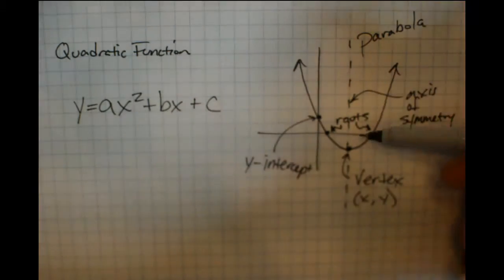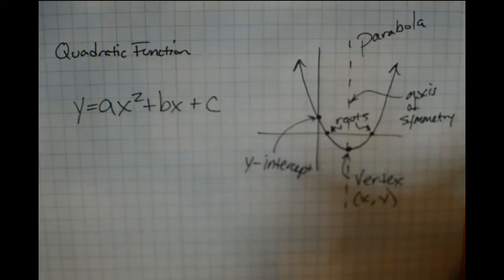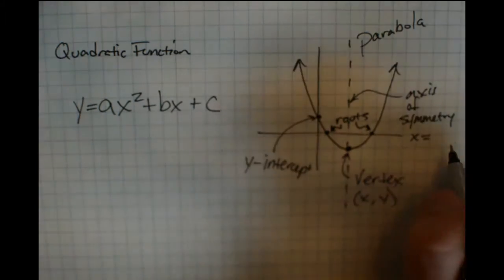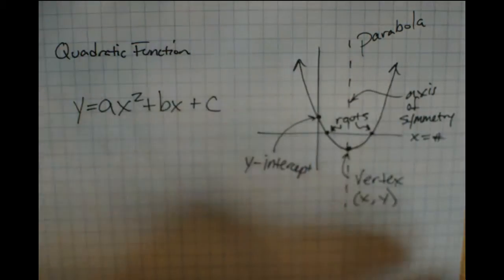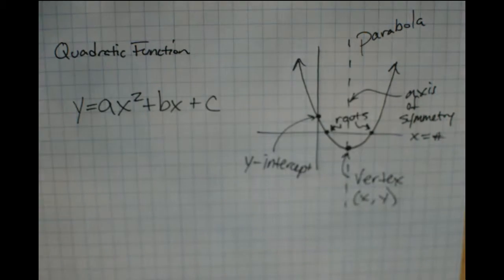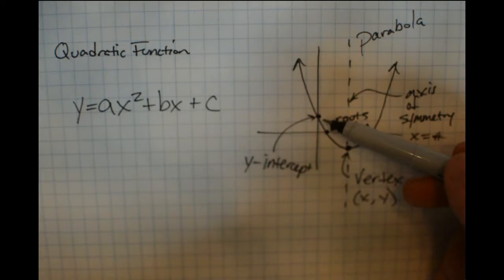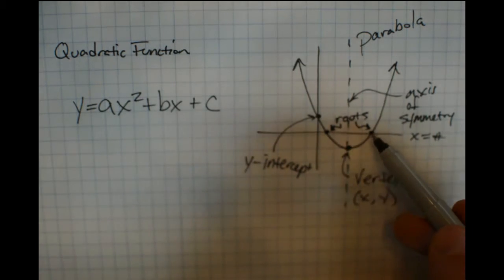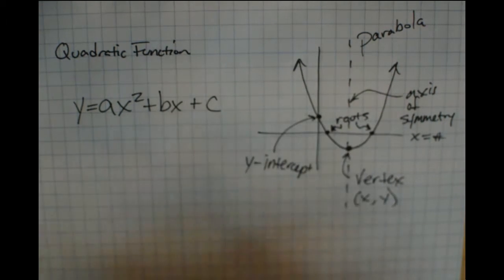The axis of symmetry is an imaginary line that cuts the parabola in half. The form of that is the equation of a vertical line, so x equals some number. Wherever the parabola crosses the y-axis, it's called the y-intercept. And wherever it crosses the x-axis, if it does, those are called roots, or sometimes zeros.